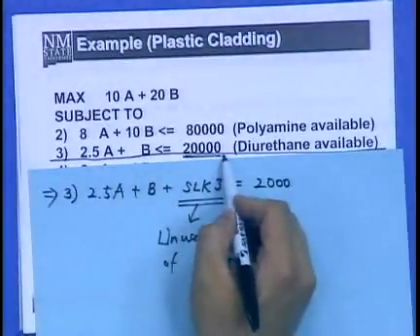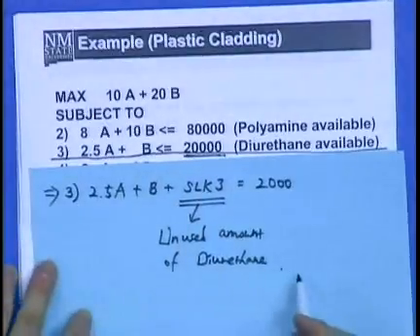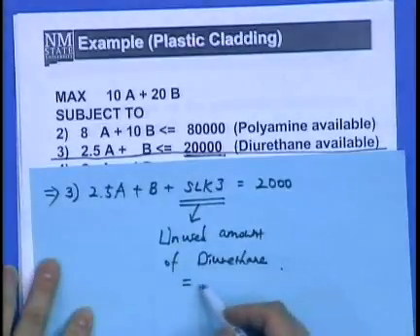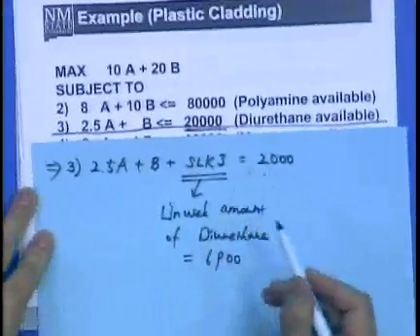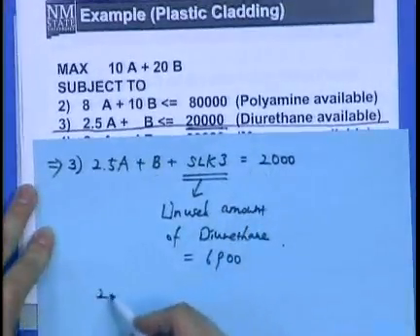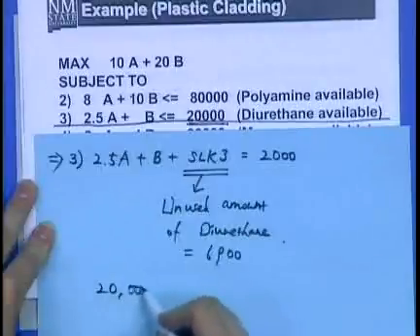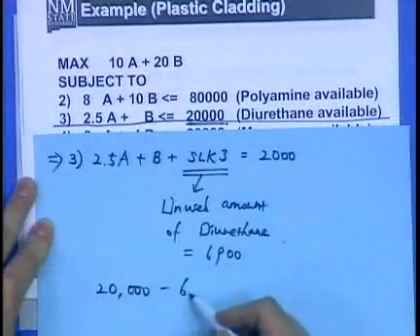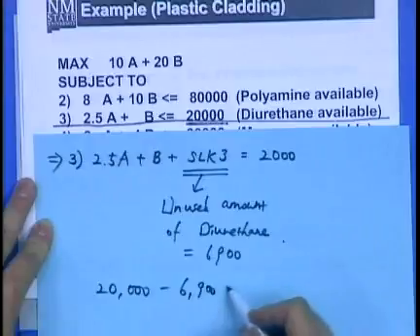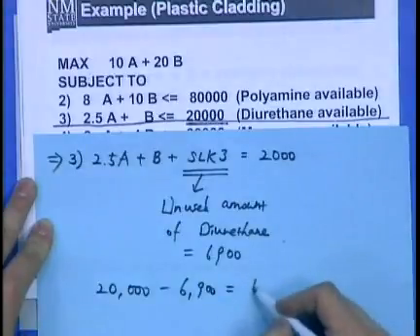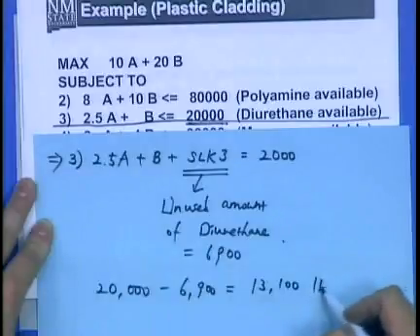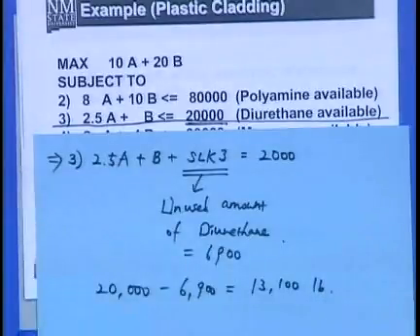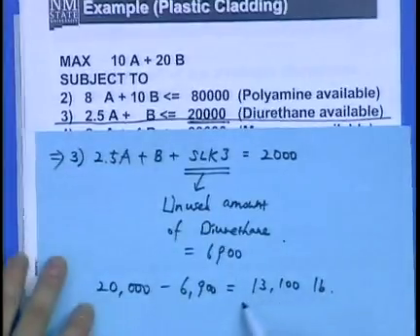And the unused amount of diurethane is 6,900, which means the company should use 20,000 minus 6,900, which is 13,100 pounds of diurethane. So this is the answer.